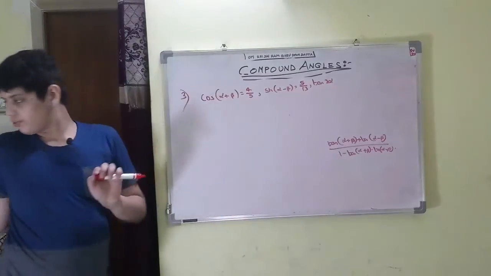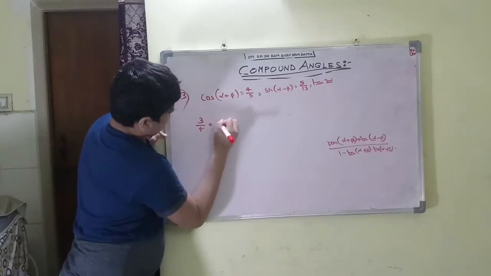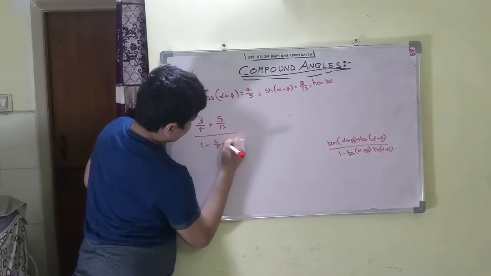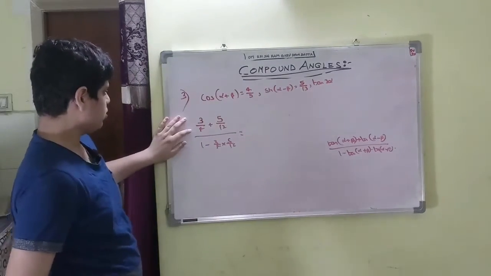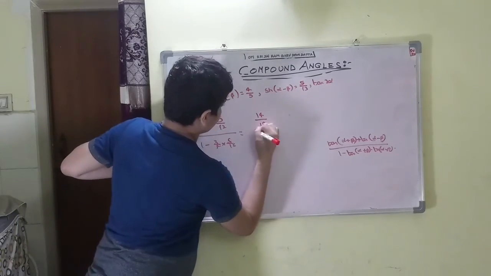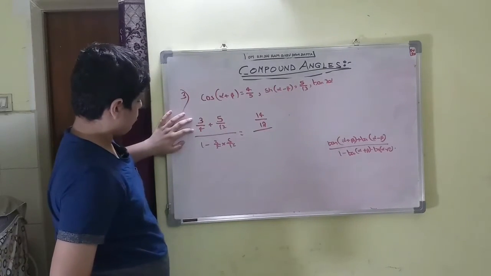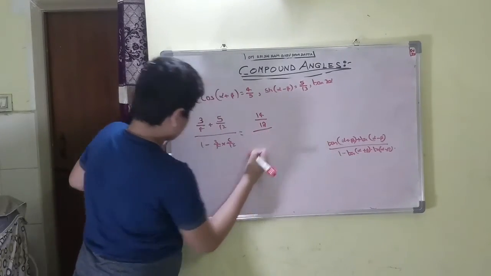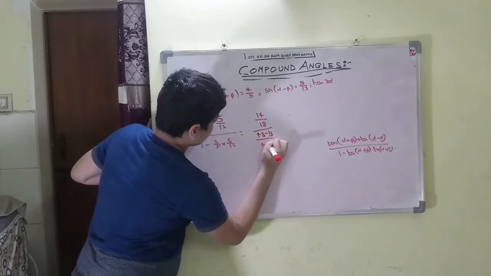Okay, so tan of (alpha plus beta) value was 3 by 4 plus 5 by 12 upon 1 minus 3 by 4 into 5 by 12. If we take LCM here, it will be 14 by 12 upon, okay, 48 minus 15 upon 4 into 12.